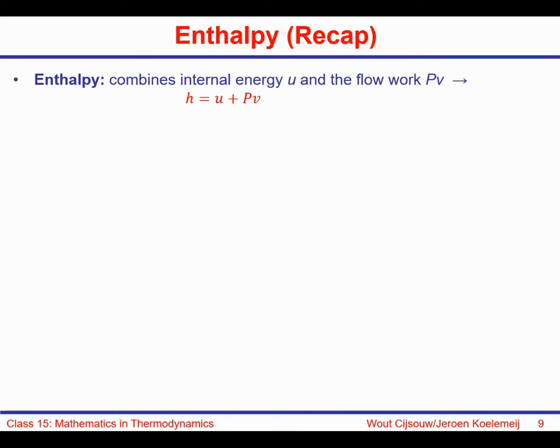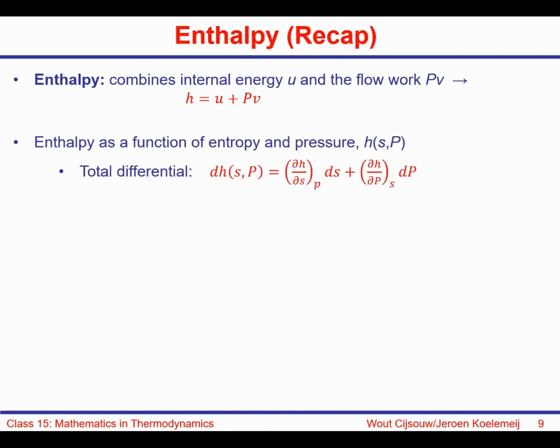We've also come across enthalpy, which is a combination of internal energy and the flow work, PV. Now, we like to write enthalpy as a function of entropy and pressure, and that allows us to write down the following total differential. And we will very soon see why we choose S and P here as variables and not S and T, for example.